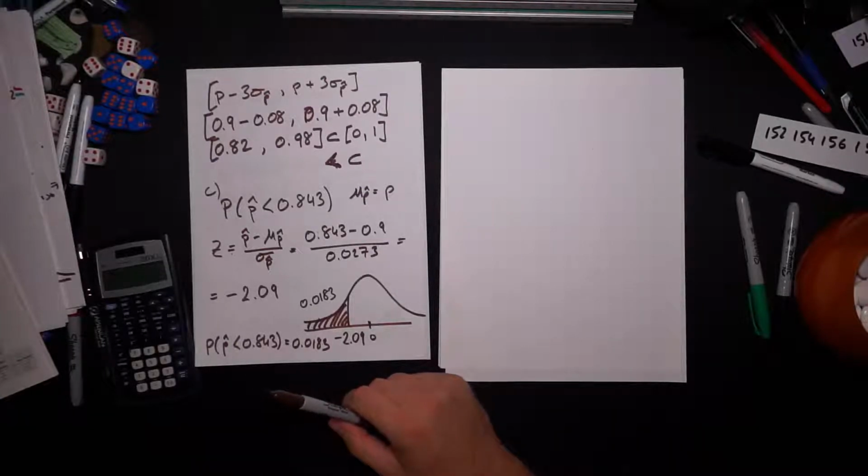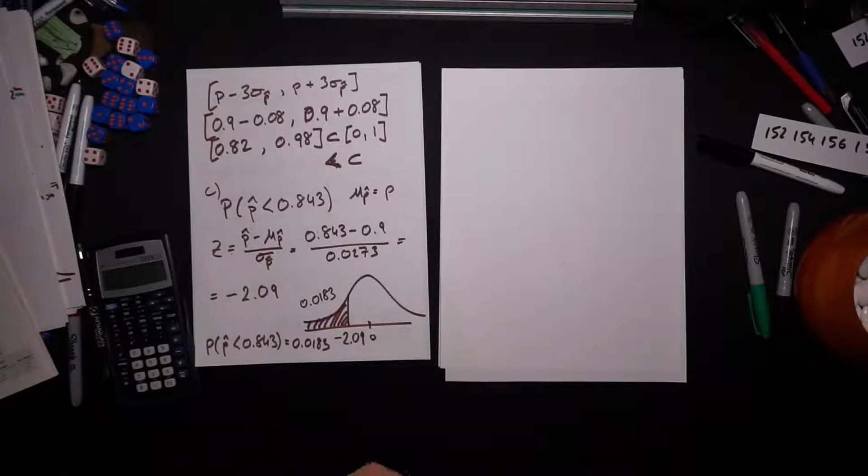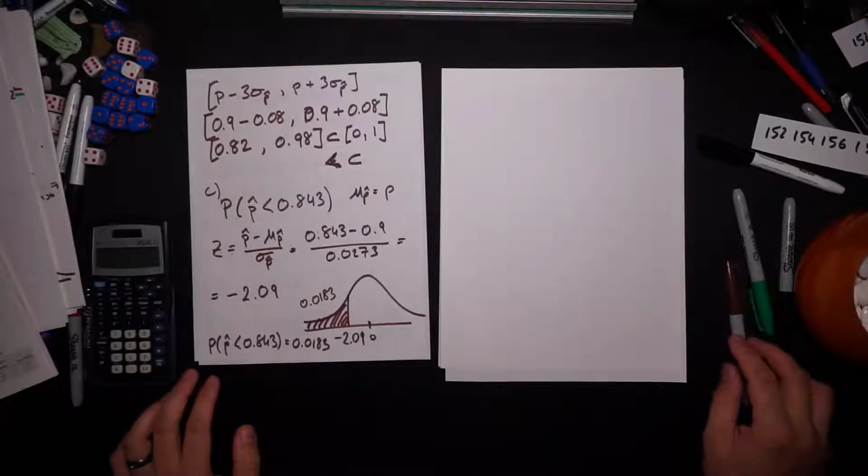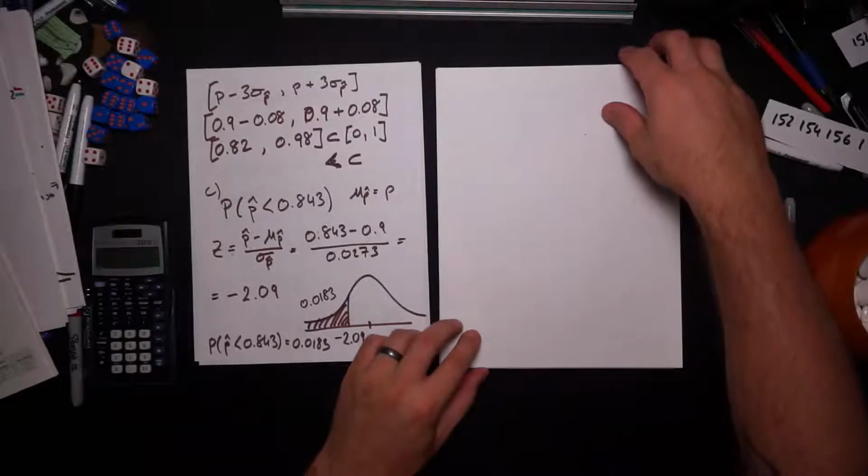So let's look at D. Based on your answer on part C, draw a conclusion about the retailer's claim. All right, how do we deal with this?